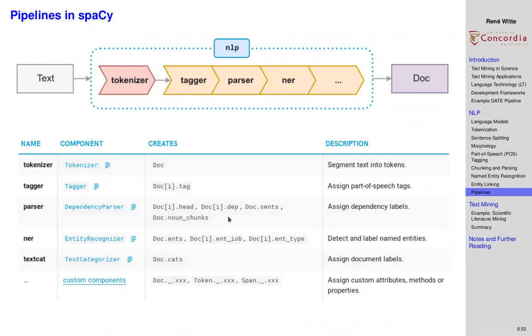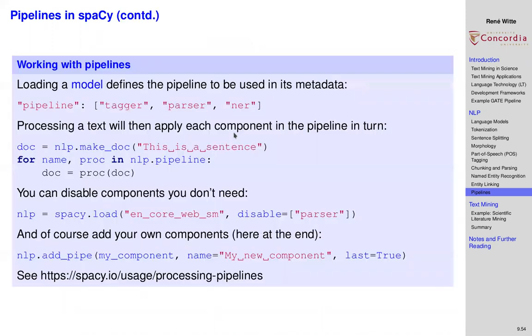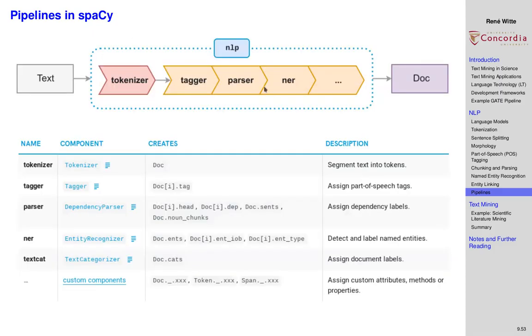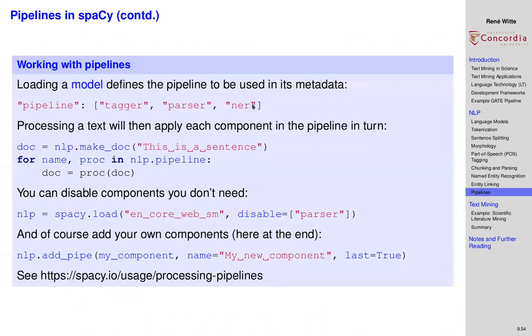And you've seen earlier how to access them and how to print them out. Once you have the pipeline, it doesn't mean that you are stuck with the predefined one. You can define your own pipelines. And of course, you can also define your own processing steps inside the pipeline. I'll show you how this works next.